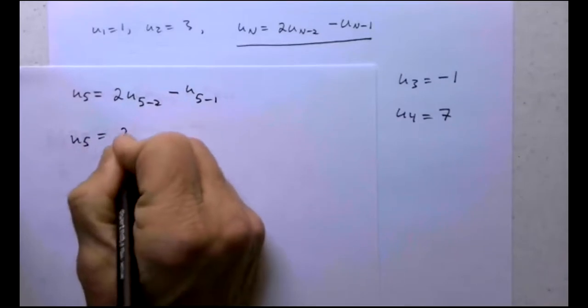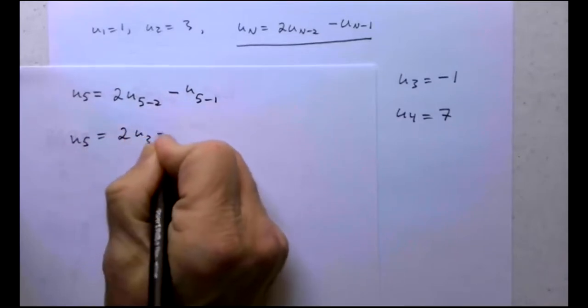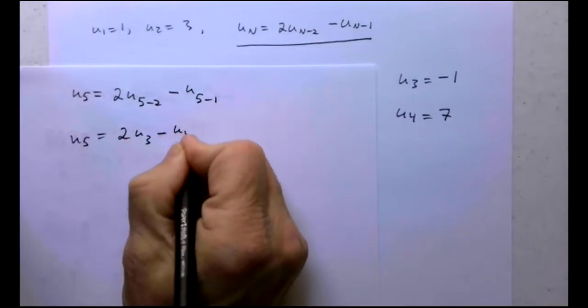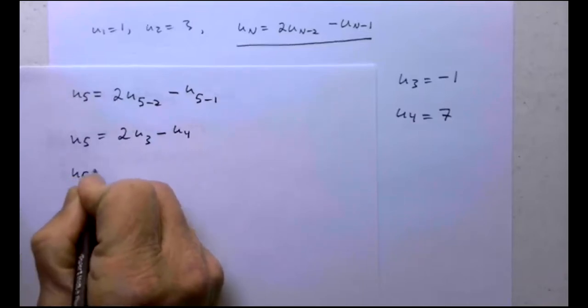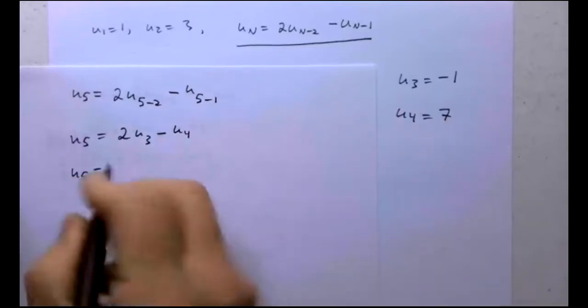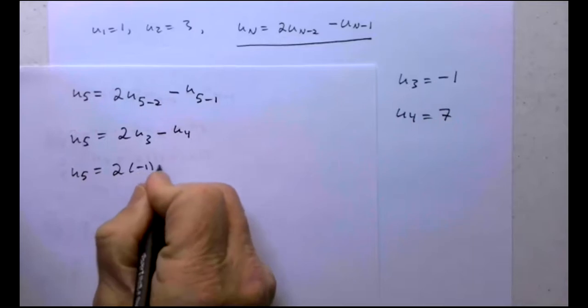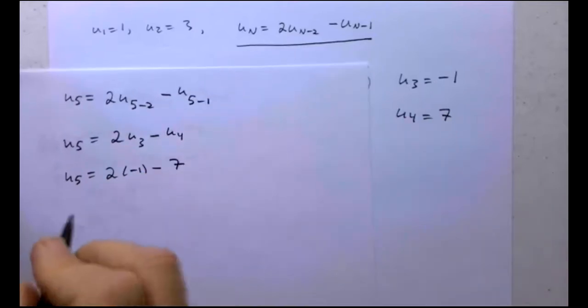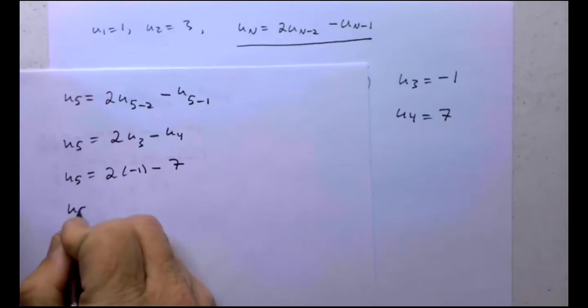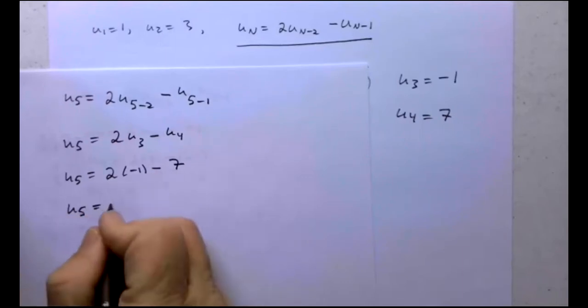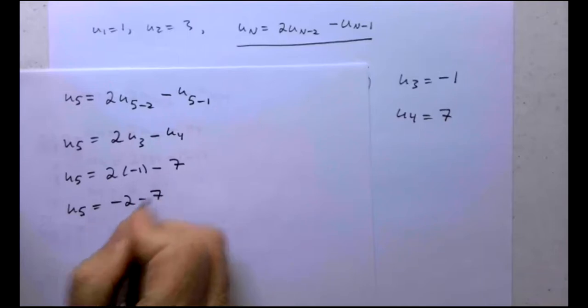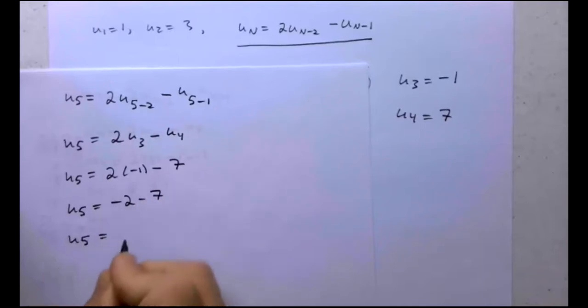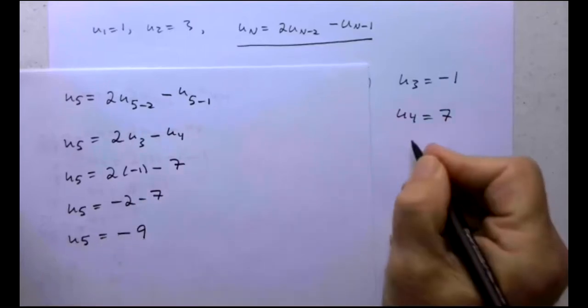So u sub 5 equals 2 u sub 3, which was negative 1, minus u sub 4, which is 7. So we get u sub 5 is negative 2 minus 7. So u sub 5 is negative 9.